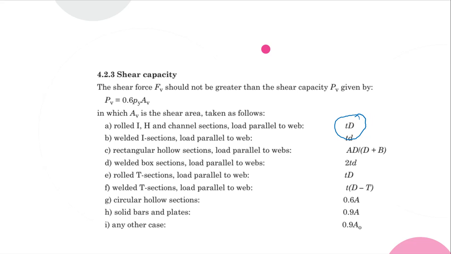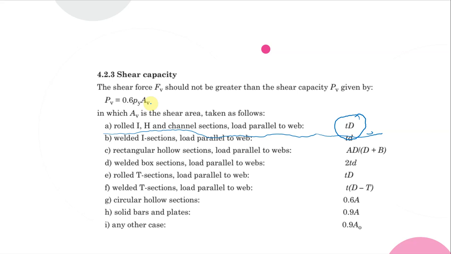We only learn this one: rolled I, H and channel section, load parallel to web. I cannot pronounce it. So in the syllabus I just cover this one only. If you take civil, you have to do all of them. So I just cover up until this part.